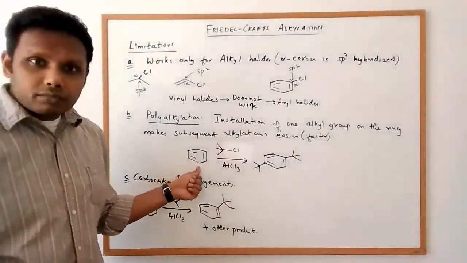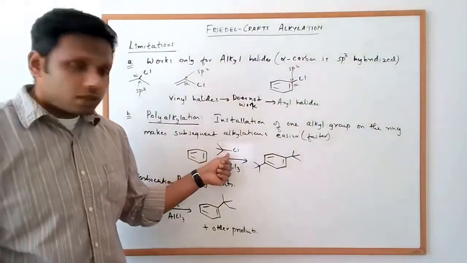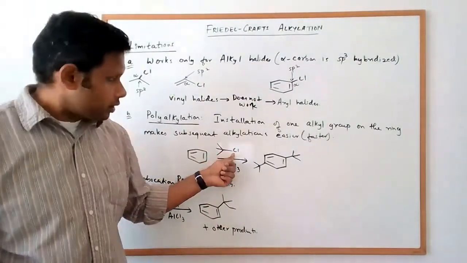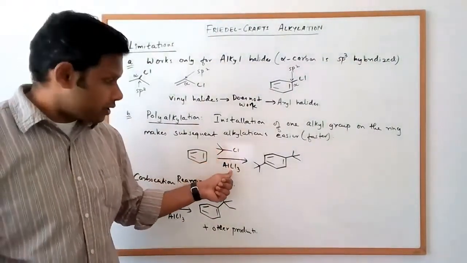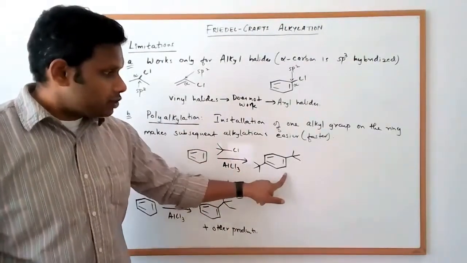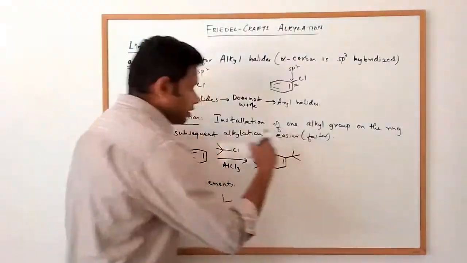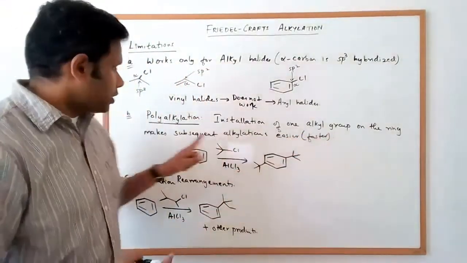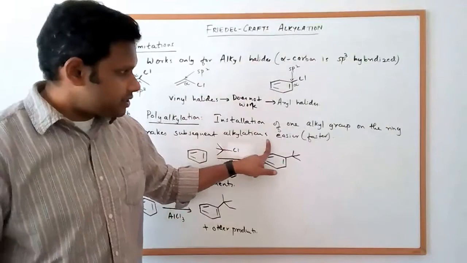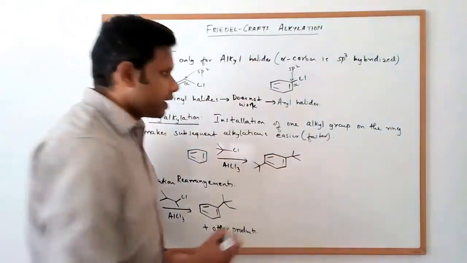So it is possible that you start with benzene and you're trying to add one alkyl group, so let's say this tert-butyl chloride using the aluminum trichloride, but your product may be a dialkylated product. The installation of one alkyl group on the ring makes subsequent alkylations easier or faster.